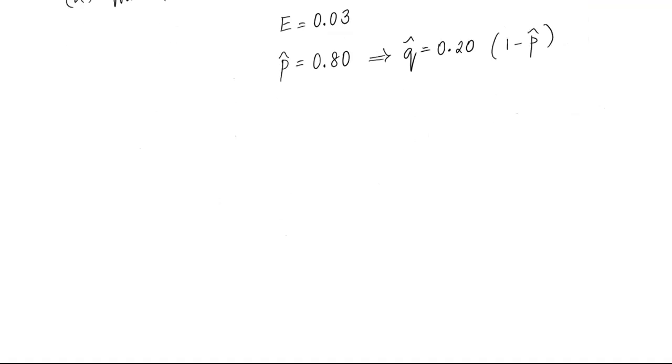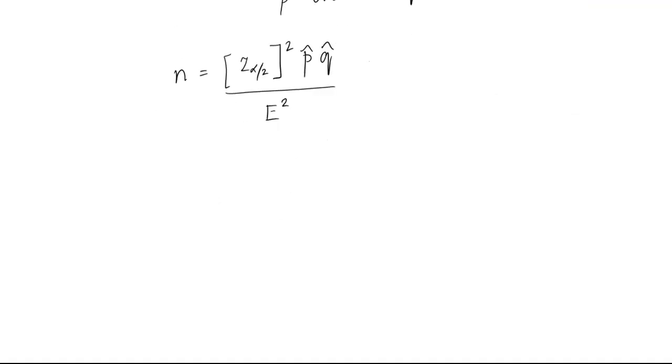All right, we have enough details to assemble our values into the n formula. So let's write the formula one more time. Z alpha over 2 squared times p hat q hat over E squared, because writing the formula correctly is doing it half right.